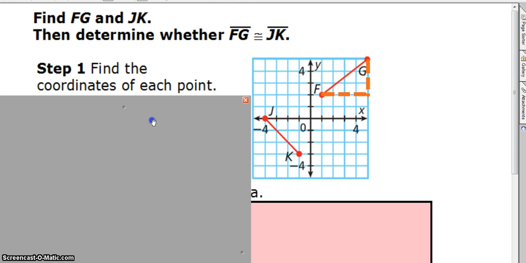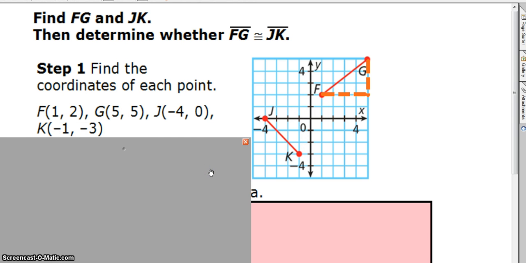So let's find the coordinates of each point. The coordinate of F would be at 1, 2, and the coordinate of G would be at 5, 5. The coordinate of J is at negative 4, 0, and the coordinate of K is at negative 1, negative 3.